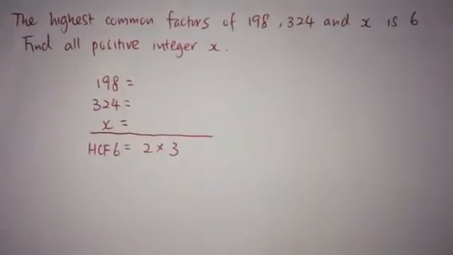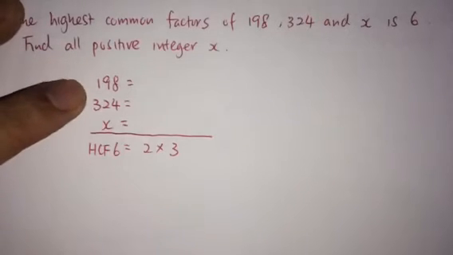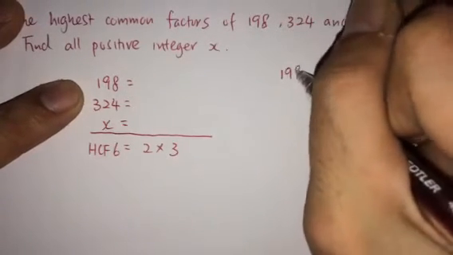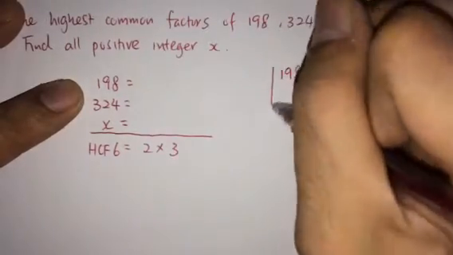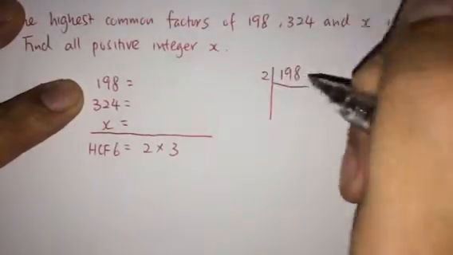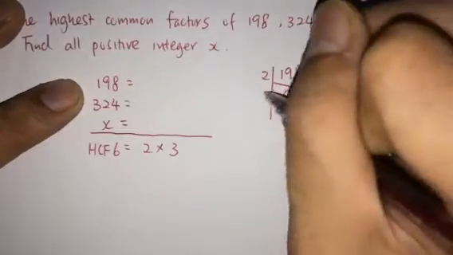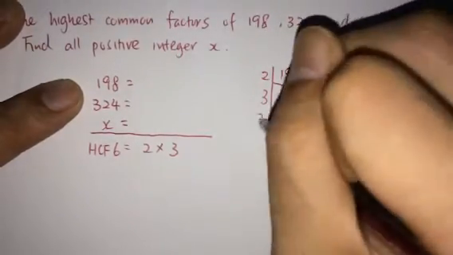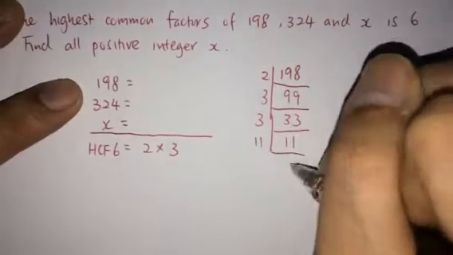And from a previous video, we know the prime factorization of 198. If we prime factorize 198, we have 2, 99, 3, 33, 3, 11, 11, 1.